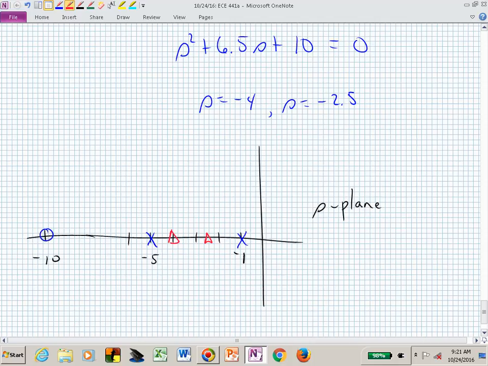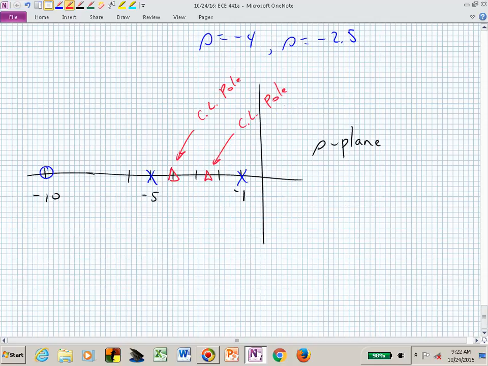One went 1.5, the other one went 1. These are now our closed loop poles. And the blue are the open.